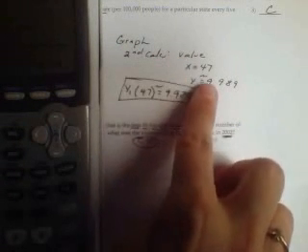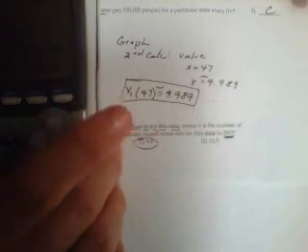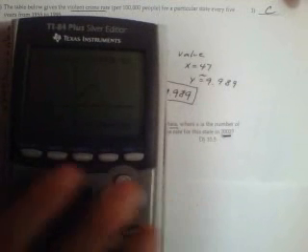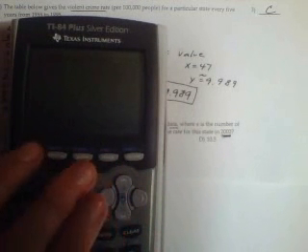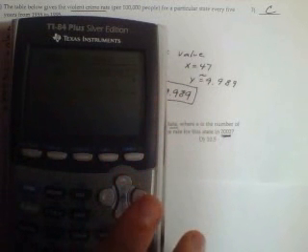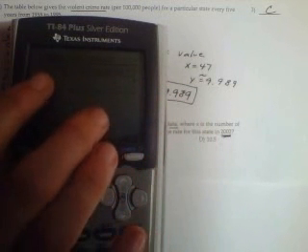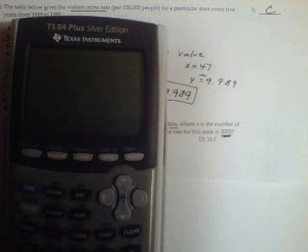So that's the first option that we have when using technology. Option number 2 is to use functional notation. So I'm going to go back to the main screen. Remembering, of course, guys, that in Y1 you actually have your function stored in the brain of your calculator. And the calculator remembers that Y1 is only this function right here. So again, the main screen, I can call that up.